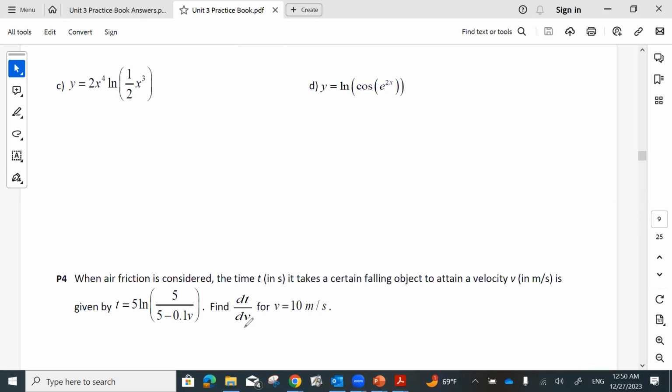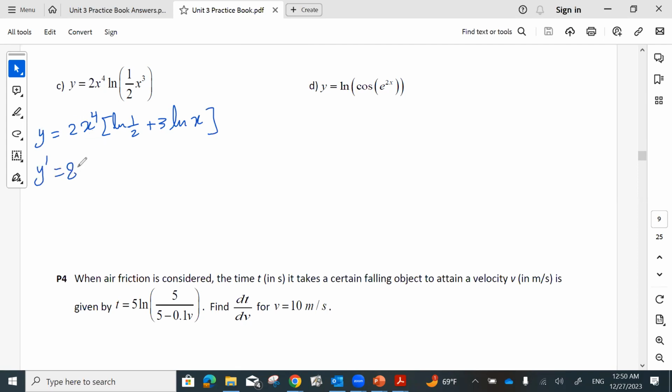Y equals ln of (2x to the power 4 over... this). Now I can just write 2x to the power 4 into ln. The product is ln half plus 3 ln x. You can write it like this, and after that you can derive. You can use the product rule.